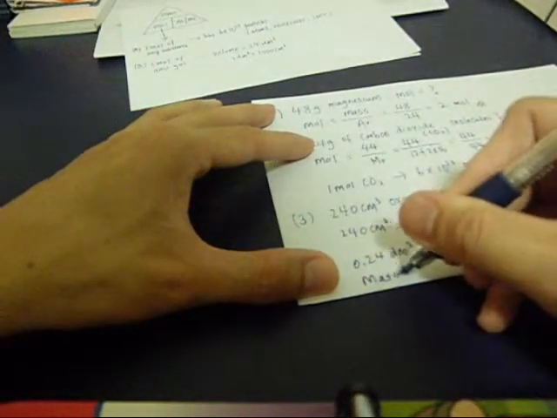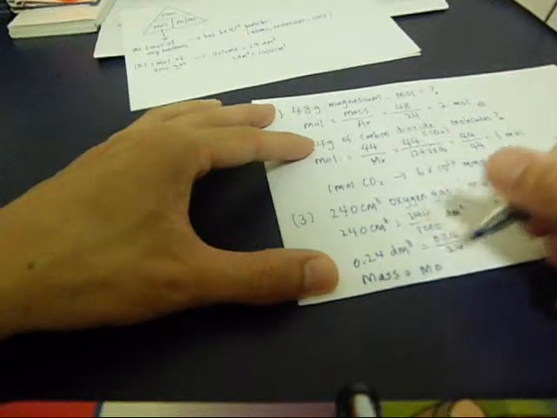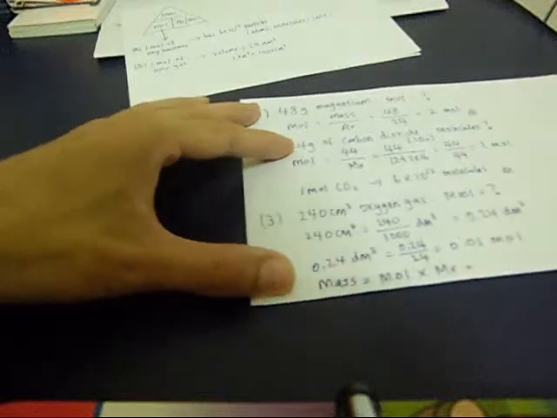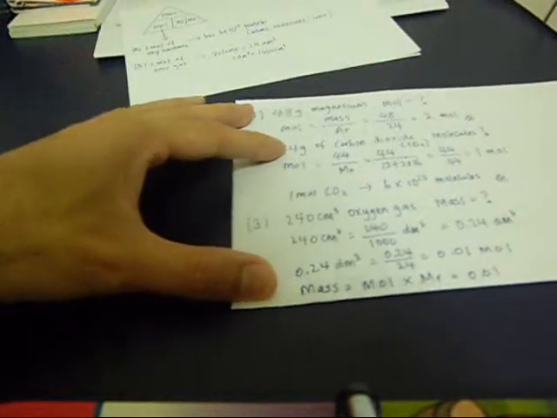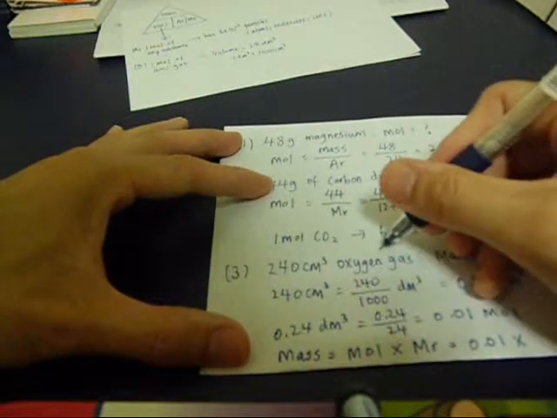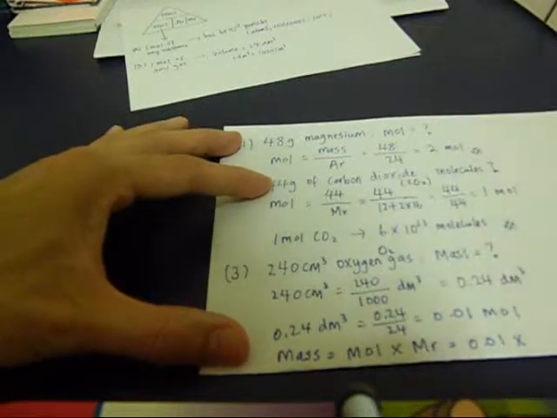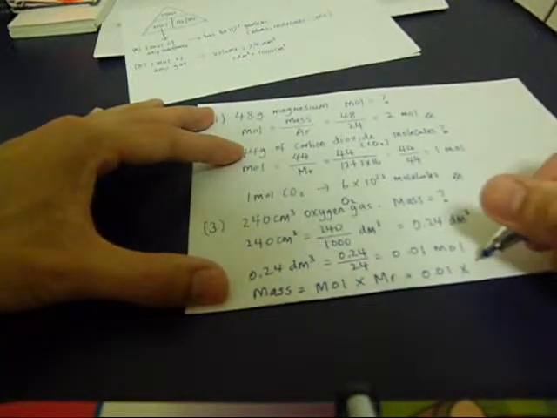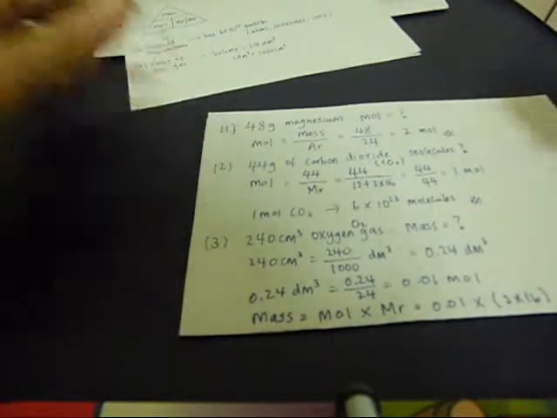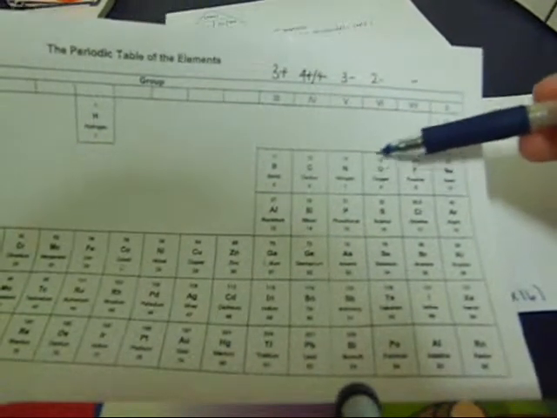Then from the mole, you have to find the mass. Mass is mole times mR. Mole is 0.01. What is the mR for oxygen? Oxygen gas is O2, so the mR is 2 times 16, because the AR of oxygen is 16.